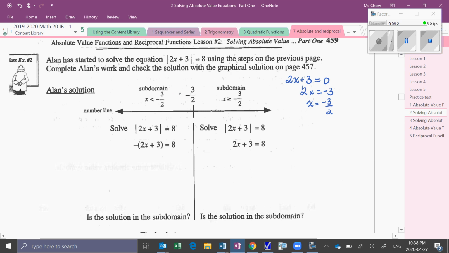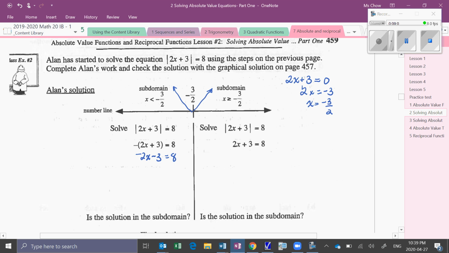So that's where that is coming from right here. Myself personally, I find it really helpful just to do a little bit of a sketch right here of what that graph is going to look like, that absolute value of 2x plus 3, so that we can see that in the subdomain when x is less than -3 halves, the line is taking on a negative slope, which means that it's going to take on the negative version of 2x plus 3, or negative of 2x plus 3, also known as -2x minus 3 equals 8.